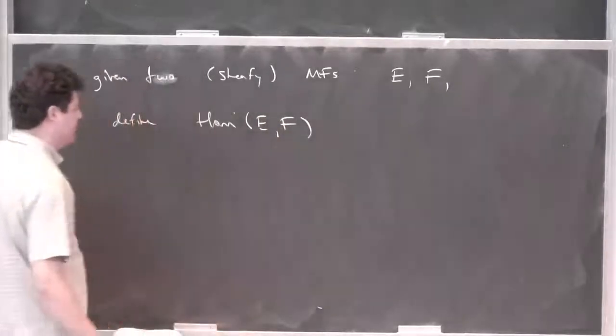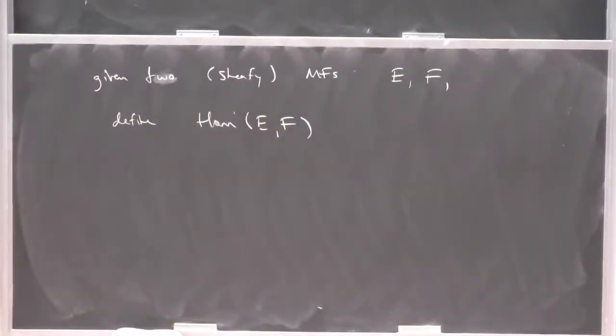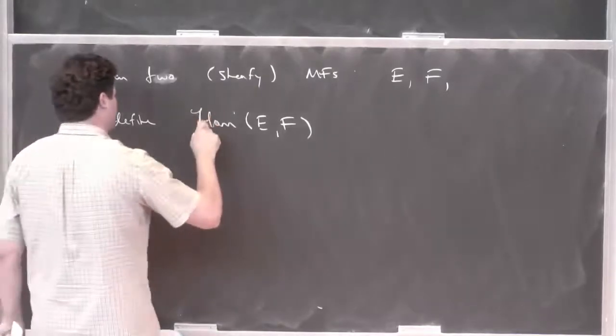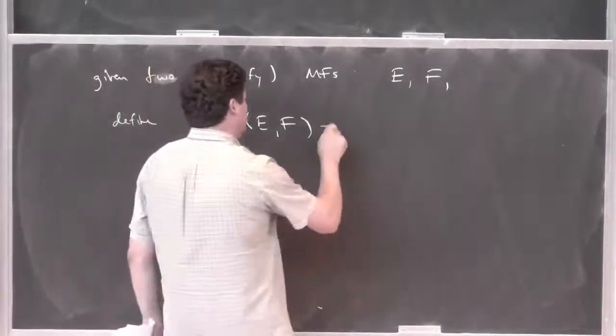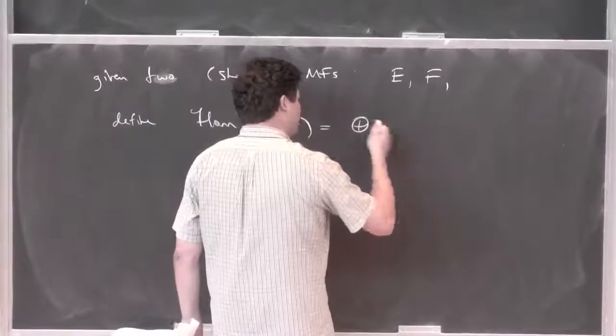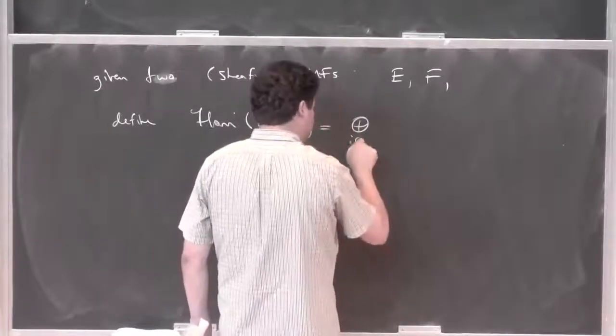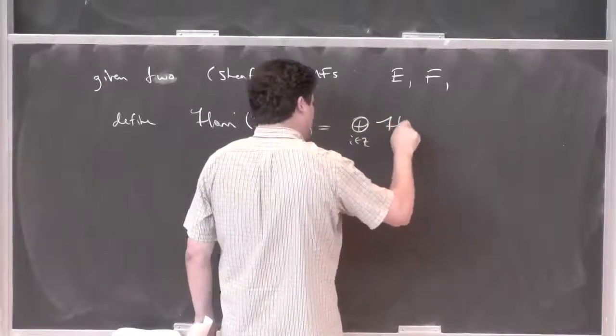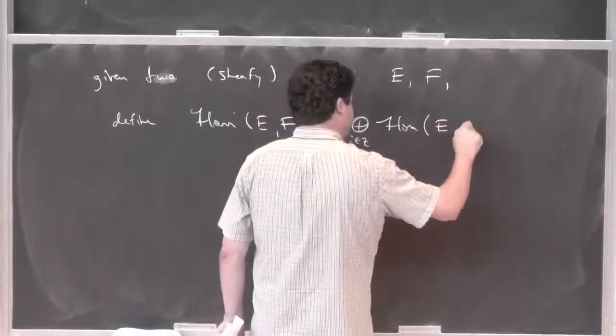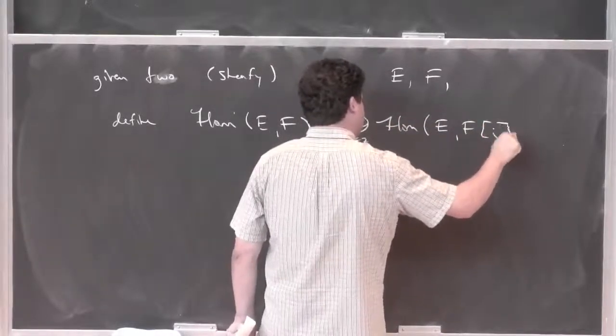Now we're on a general LG model, and this is going to be a sheaf Hom complex, the sum over all i in Z of sheaf Hom from E to F shifted by i.